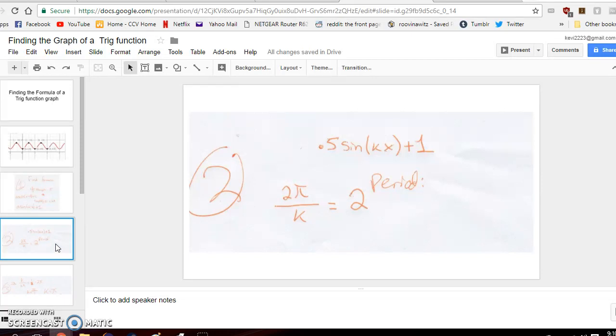Now we need to find the period, or k, and period is 2 pi over k equals the period number we already know of 2.